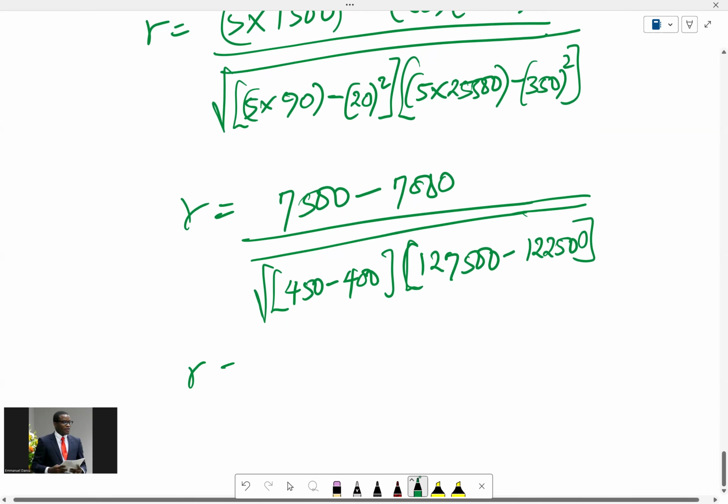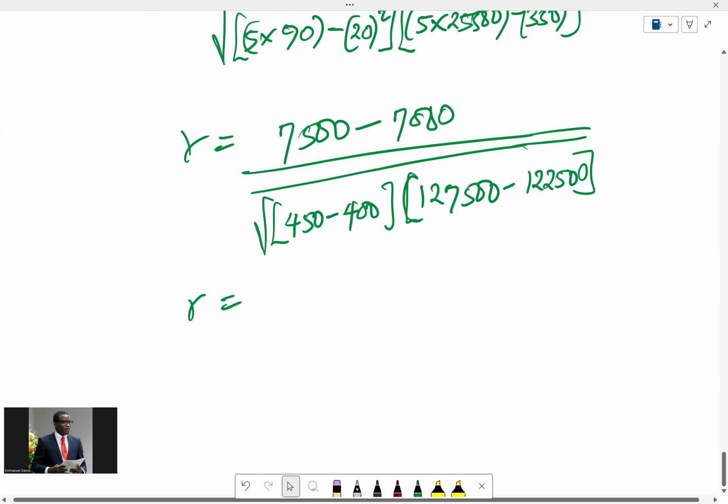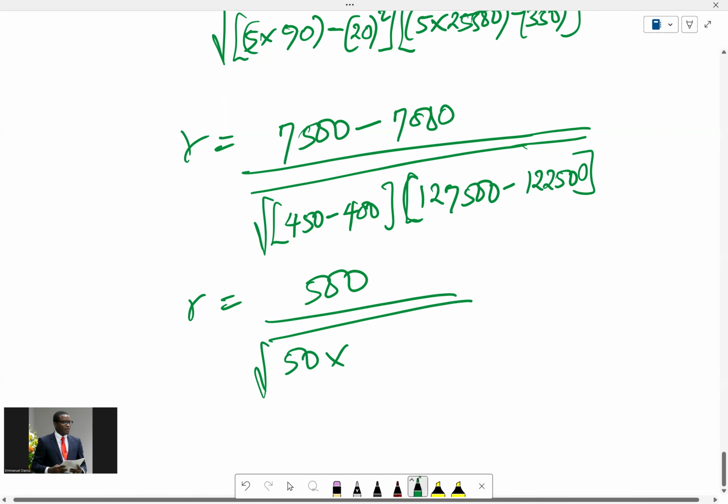So r now is 7,500 minus 7,000, which is 500, divided by the square root of 450 minus 400, which is 50, times the other one, 127,500 minus 122,500, that's 5,000.